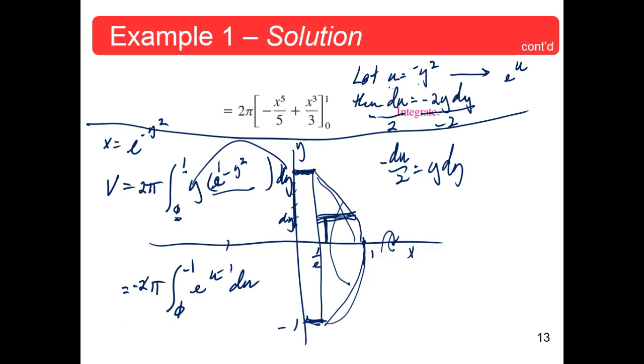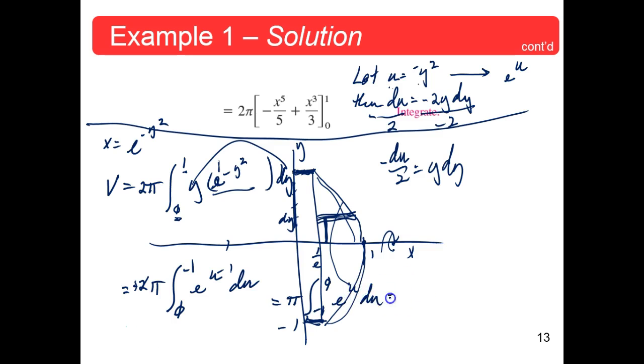If you do it from here to here, that's a positive area, or vice versa. So you're negating what you have. If you flip these over, this will negate this. Well, there goes your minus sign. So you have pi times the integral from -1 to 0 of e to the u du.